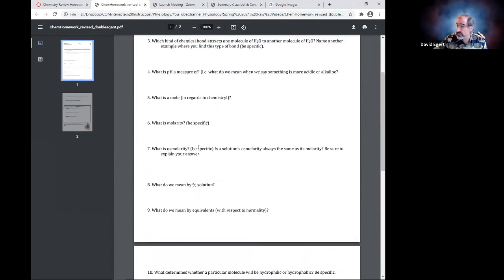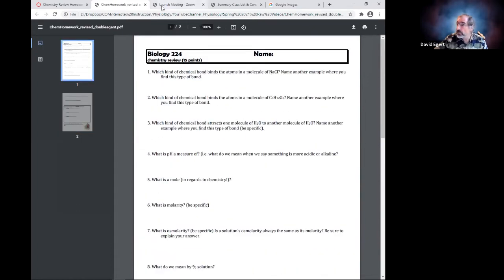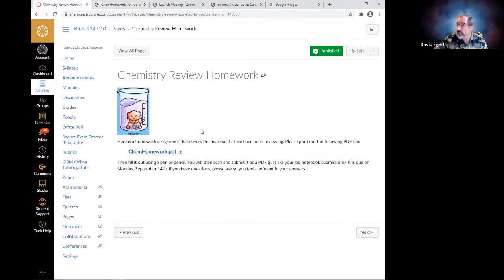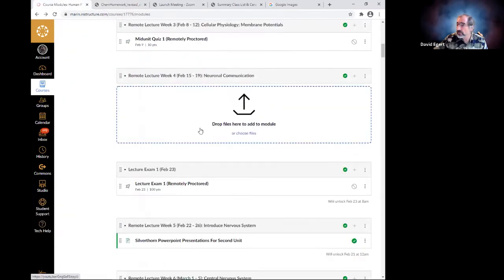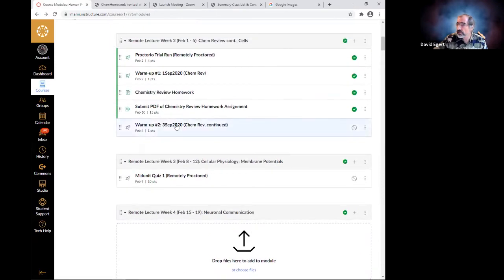Anyway, this is going to be due the 10th. I have it due the 10th. So you'll print that out, fill it out, then take a picture of it and submit the PDF, and I'll grade it that way.